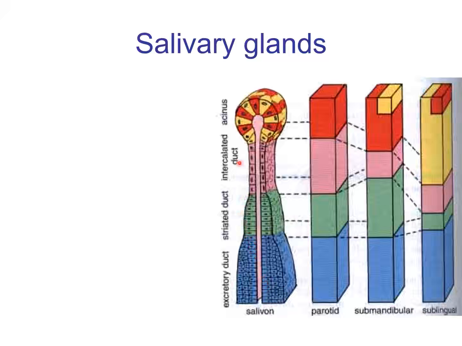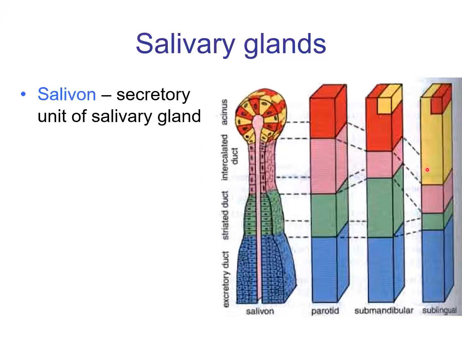The basic unit of the salivary gland is called acinus. It is composed of the secretory cells, those are either mucous or serous cells.